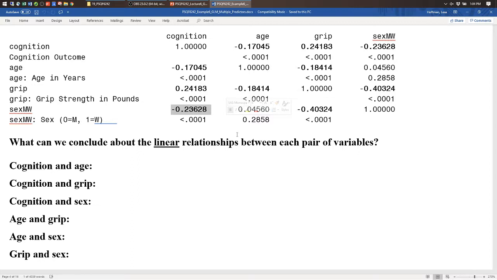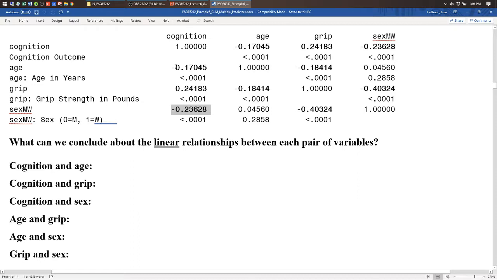Lower cognition is associated with being a woman. So I would say this is a disadvantage for women. You can't really say "as gender goes up," that makes no sense, but in order to know what to do with this, you have to know who the 0 is and who the 1 is.